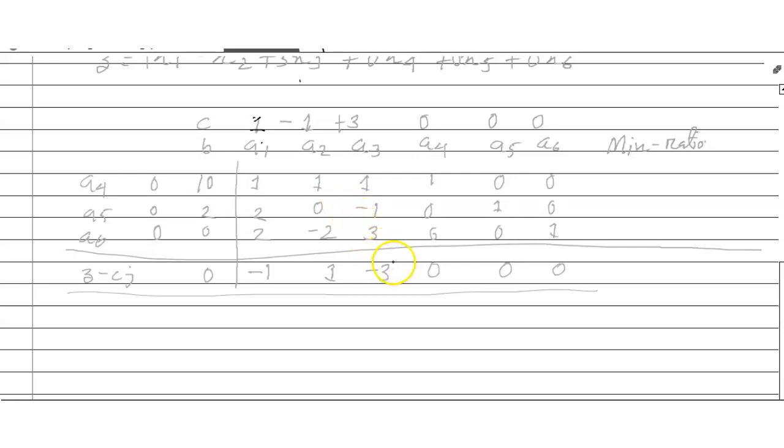What is the minimum value? This is the minimum value, this is my pivot element, so I mark it. Now I see the min ratio: 10 divided by 1, then minus 1 here is not possible, and 0 by 3 is possible, so 0 is my starting point and 3 is my pivot element.